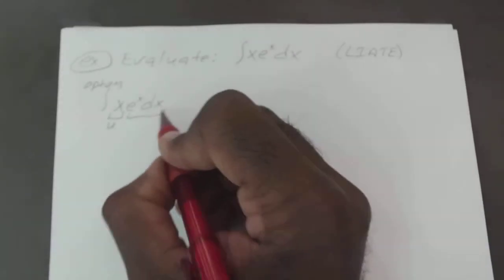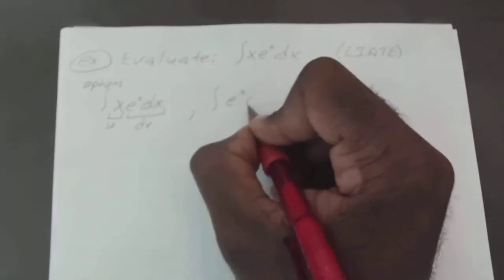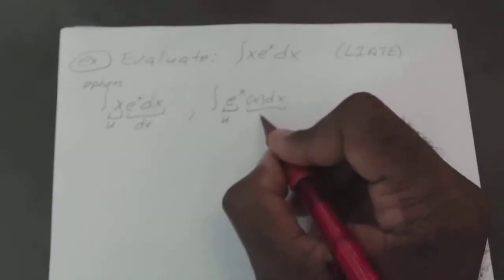Now you have a bunch of options that you could make for your u. You could have x e to the x dx. You can make your u equal x and your dv equal e to the x dx. Or you can make your u equal e to the x and your dv equal x dx.